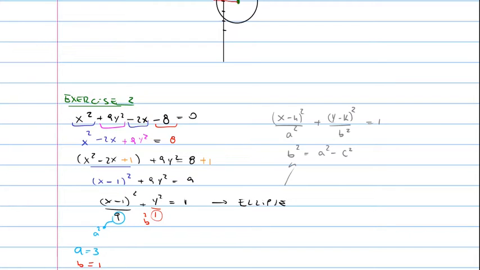We also can say here that h would be equal to 1. And from this term here, we get that k equals 0. So then the center of this ellipse is at 1, 0.